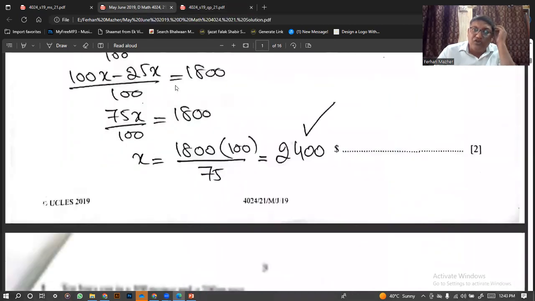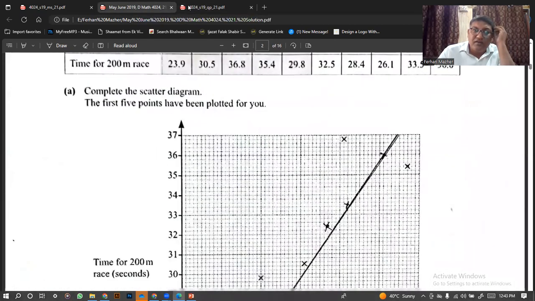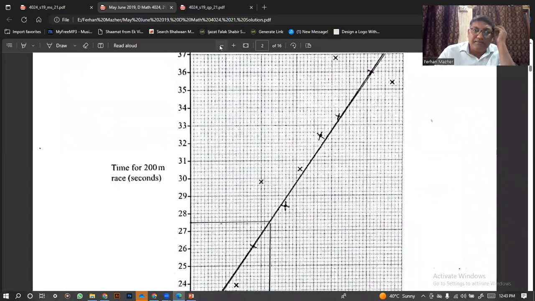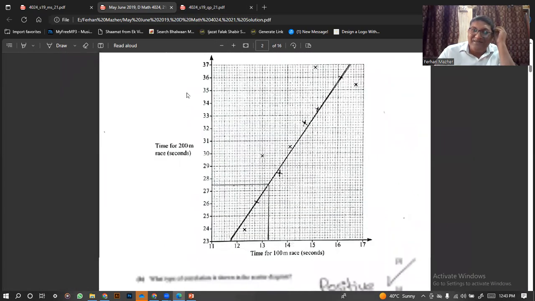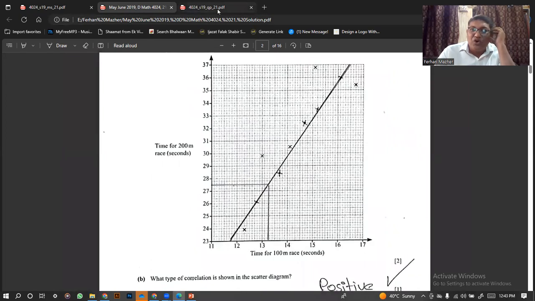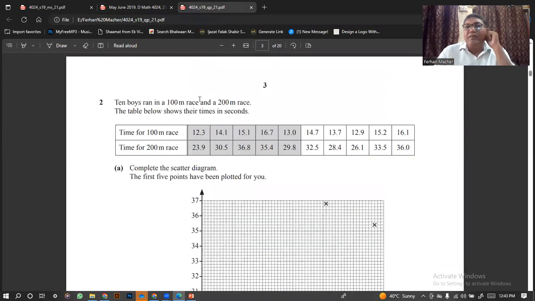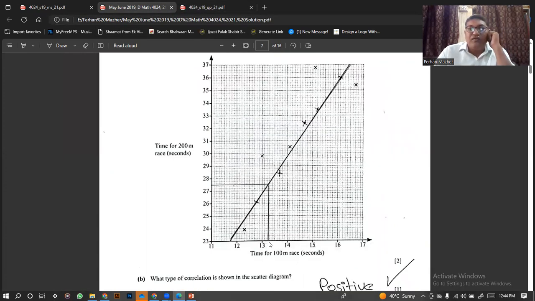Okay, so let me show you. I plotted them. This solution is written by me. So 14.7, 32.5, this is the point.